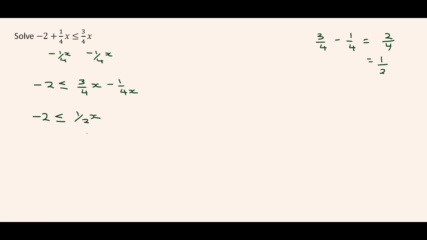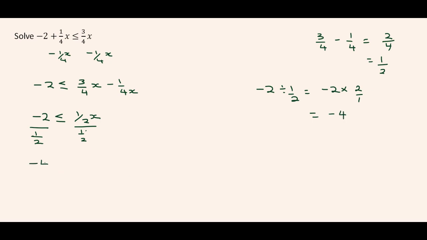So we can divide both sides by 1/2. Minus 2 divided by 1/2 is the same as minus 2 multiplied by 2/1, which gives us -4.